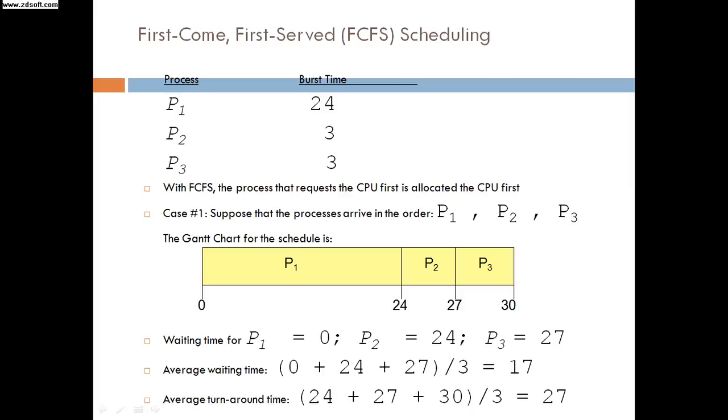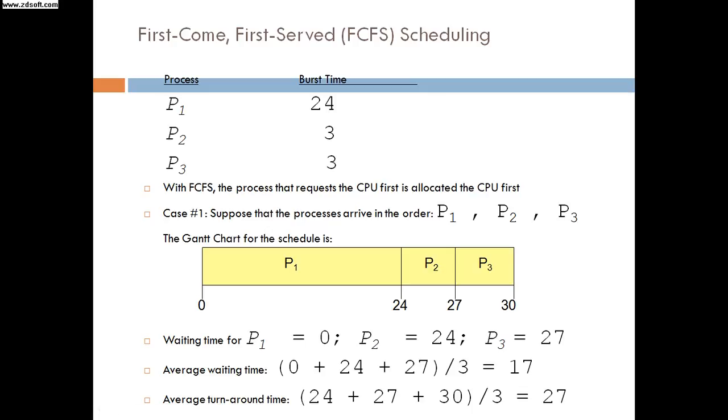After that P2 enters the CPU for another 3 milliseconds, so totally 27 milliseconds. And finally process P3 will be executed by the CPU for another 3 milliseconds. So the total burst time is 24 plus 3 plus 3, which is 30.